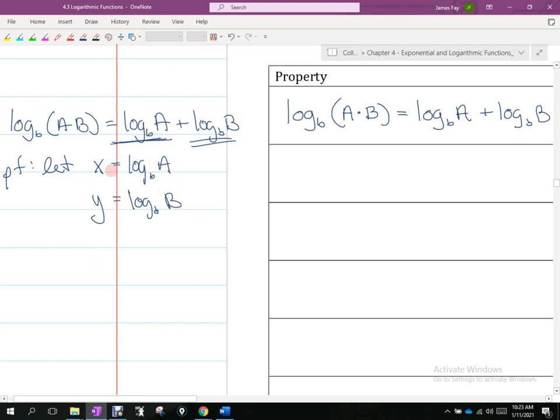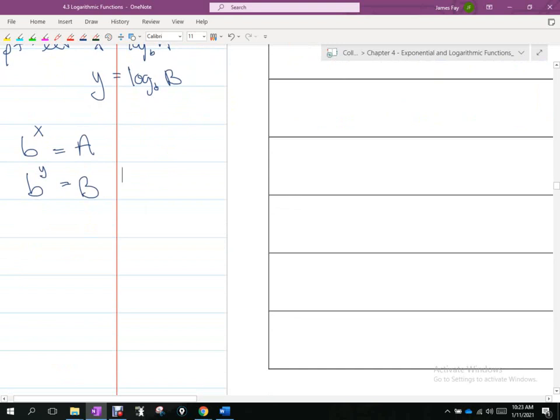Now what I want to do is I'm going to take this one here and we'll change it to an exponential. Would you guys agree that b raised to the x will come back and give me A? That's the exponential version of that logarithm. Can I take this one here and say b raised to the y is equal to B? That makes sense? It's just applying the definition of the logarithm there.